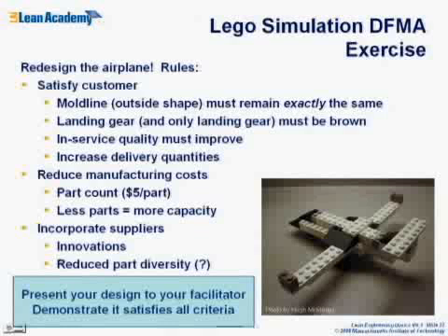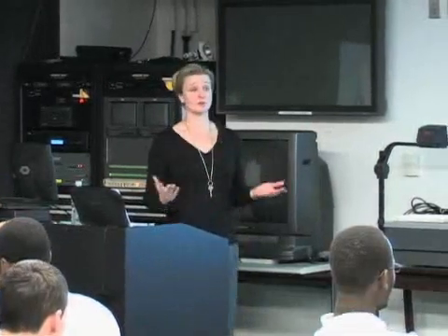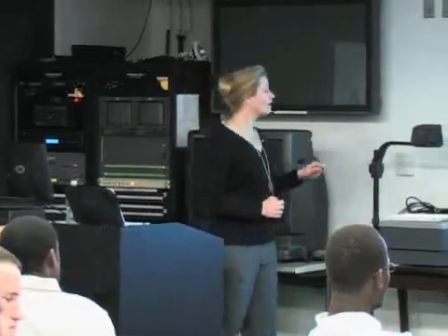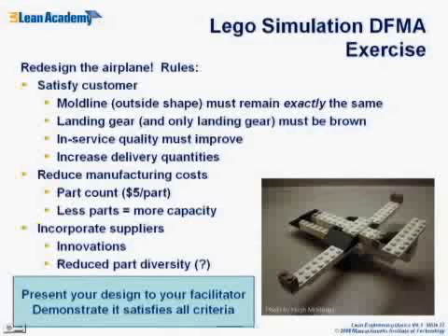You want to think about reducing your manufacturing costs, because this is good for your enterprise. Your parts are going to cost $5 per part, regardless of part. Fewer parts then equals more capacity for you. And thirdly, we want you to incorporate the suppliers. What kinds of innovations could you generate by working better with your suppliers? Could you reduce the part diversity?